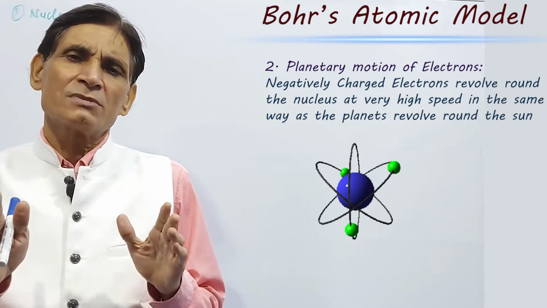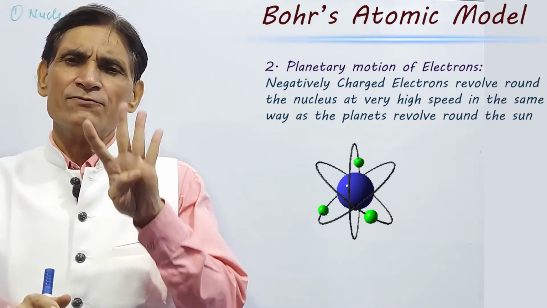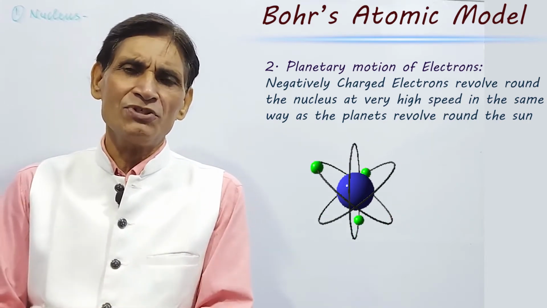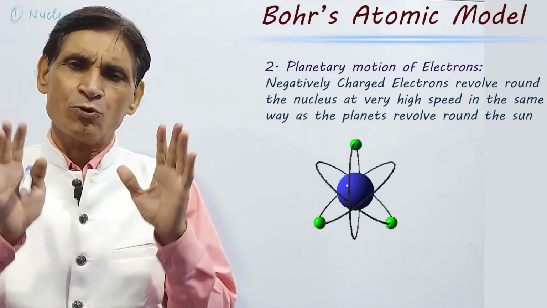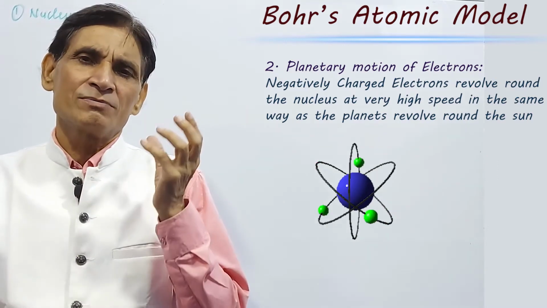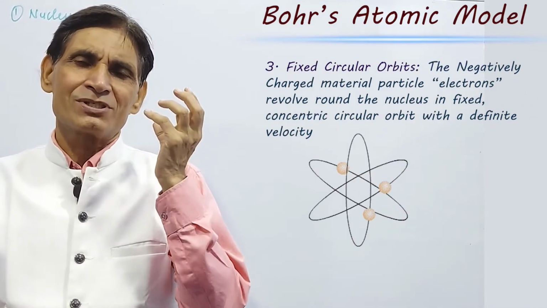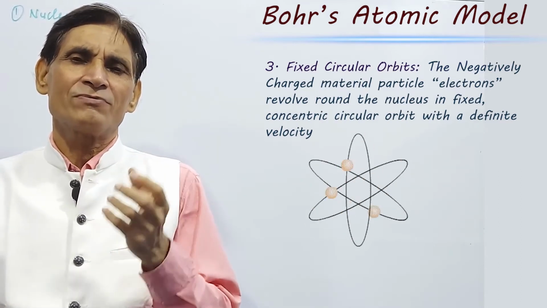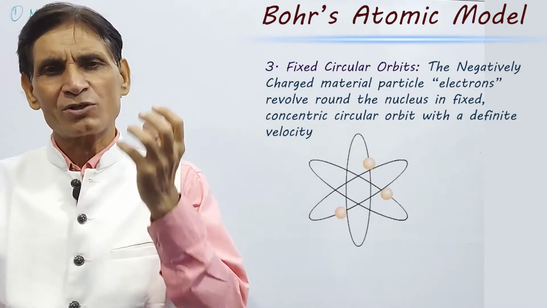Actually, Bohr gave most important four postulates. Third point I am going to tell you, which is actually given by Bohr. Third point is about fixed circular path, fixed orbit.